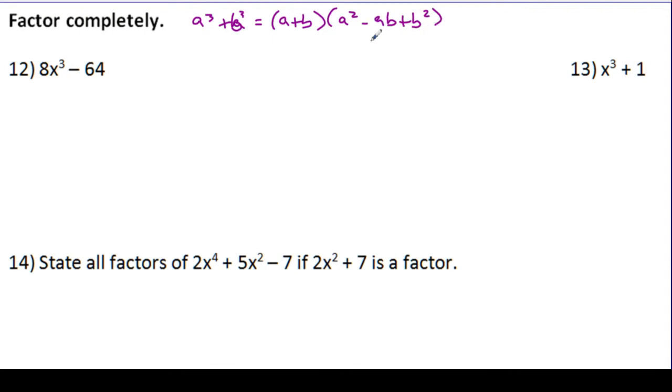Sorry for the technical difficulties. All right. Second one is going to be a cubed minus b cubed turns into a minus b, and then the second one is a squared plus ab plus b squared.